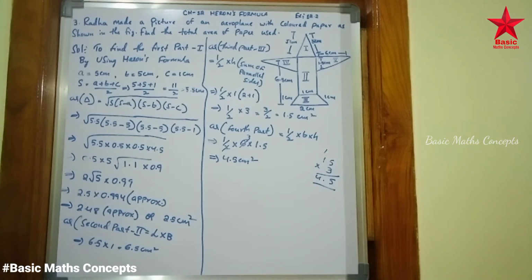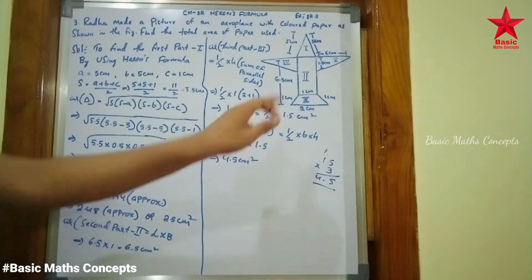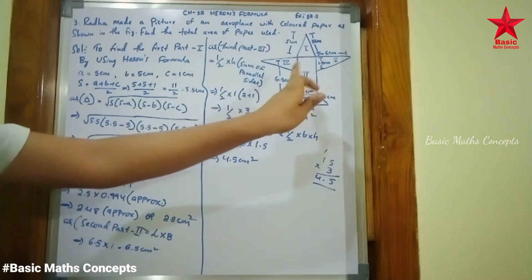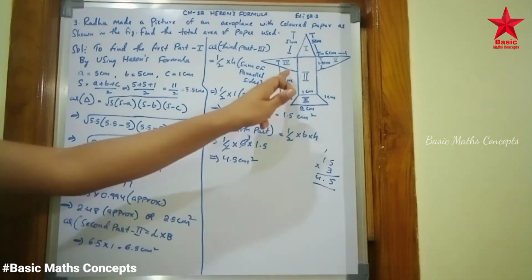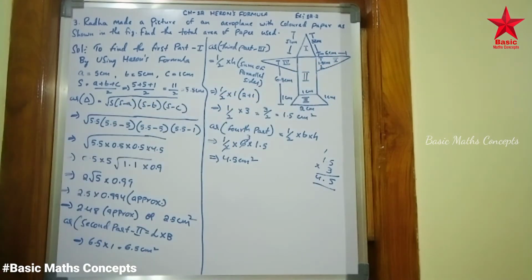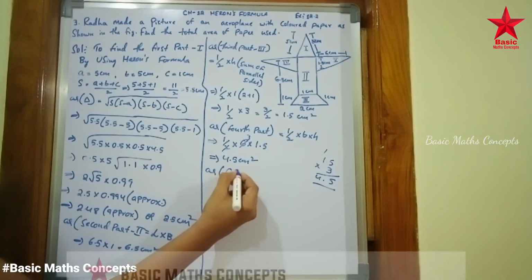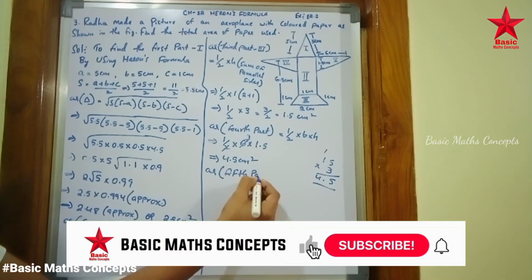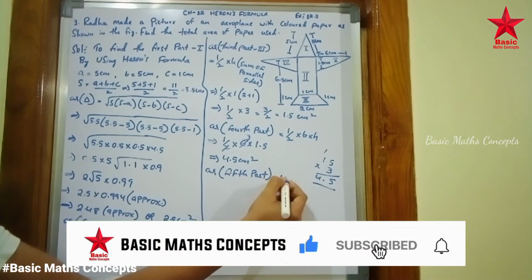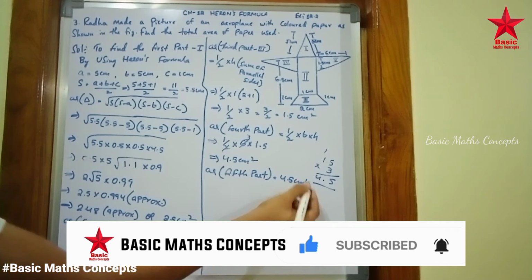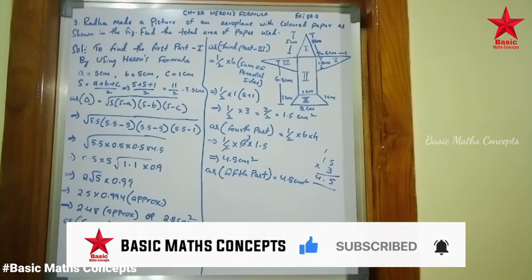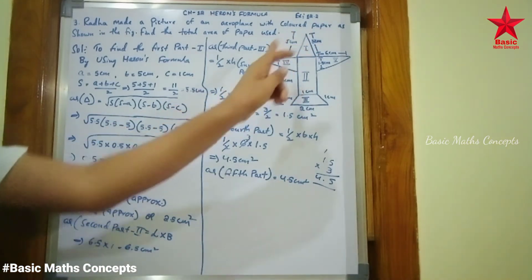The fifth part is the same, because this and this will be the same, since the area and the length will be the same. So the area of the fifth part is 4.5 centimeters square. So we got all 5 parts.